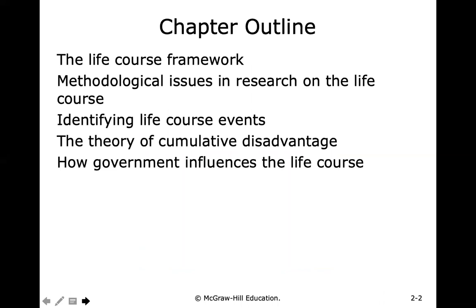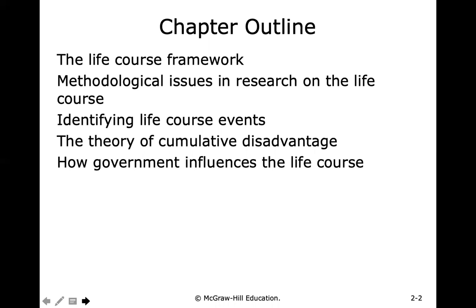This is what information we'll be covering for this chapter. First, we're going to be looking at the life course framework and what that means. We're also going to be talking about some of the research methods that are used in any kind of research, but what's best for the field of gerontology, especially with the concept of the life course.